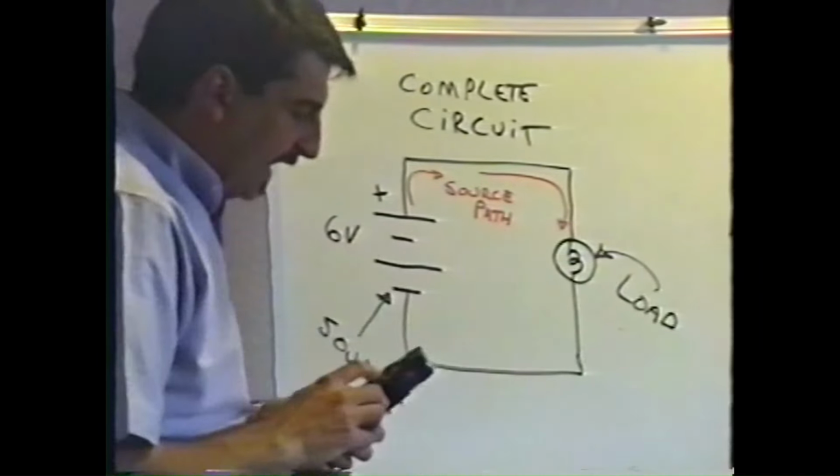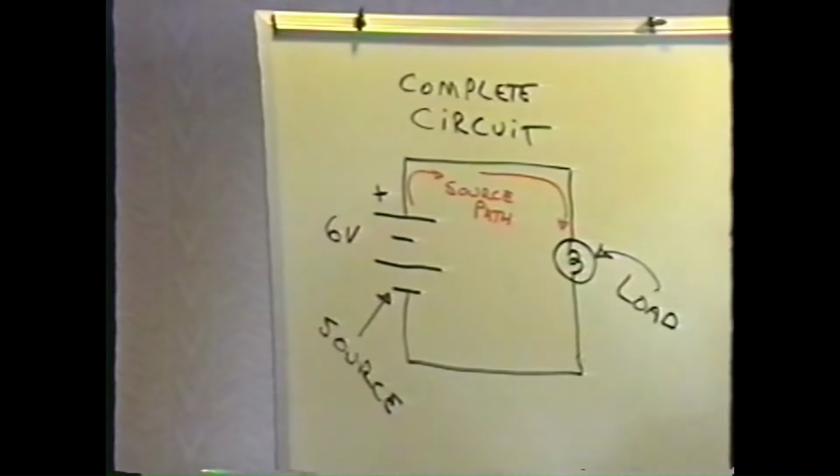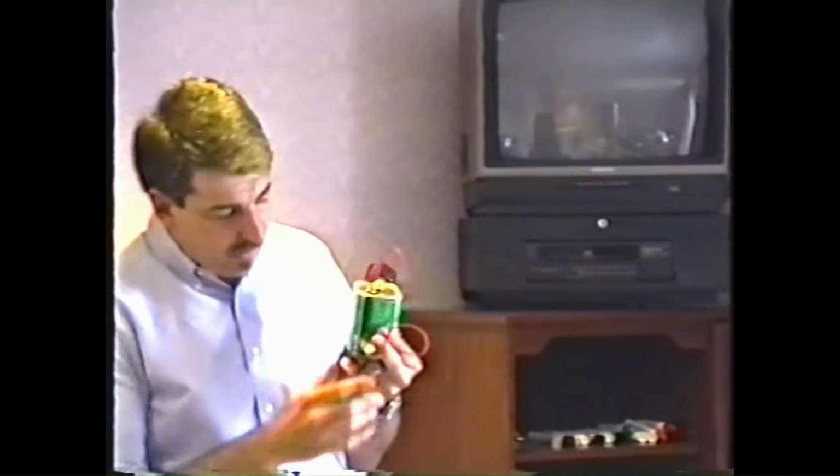But you wouldn't expect anything to light up with just one wire hooked up. I mean, obviously, if I have my battery here, I connect the positive lead to the battery, goes to the light bulb, but I don't have anything hooked up, obviously the light bulb's not going to be on.